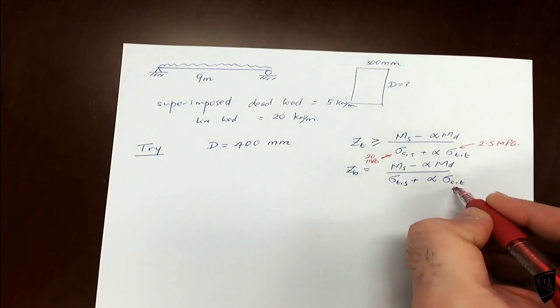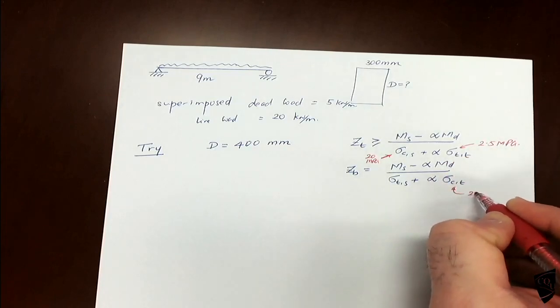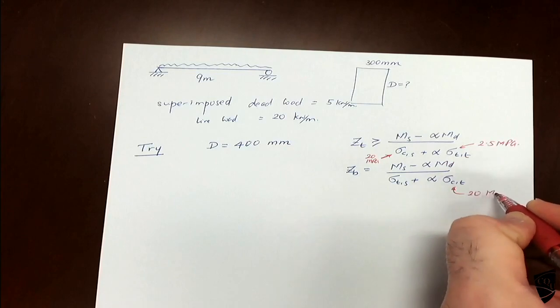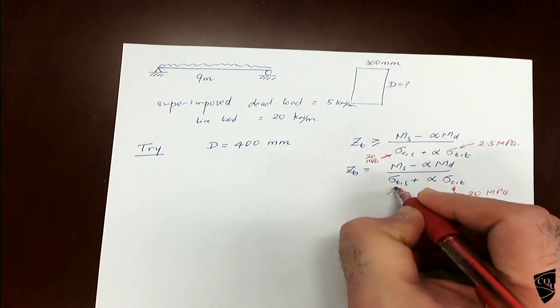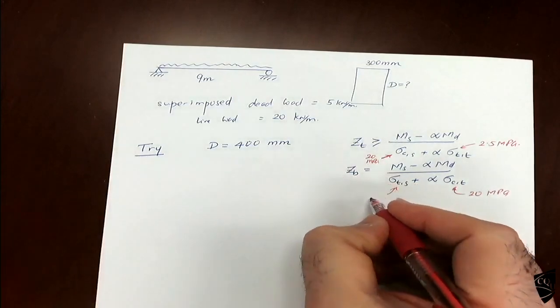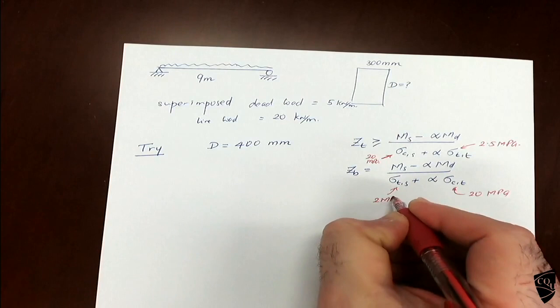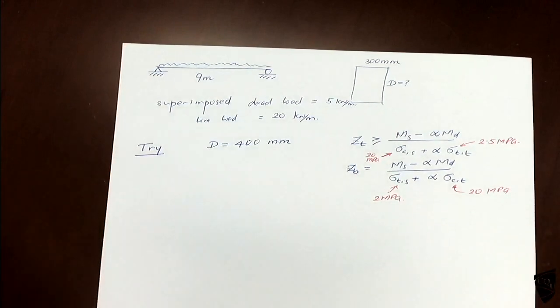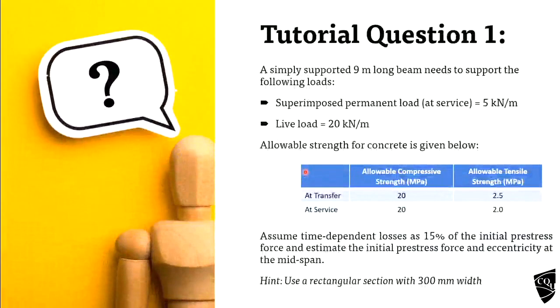This one is compression at transfer, 20 MPa. Tension at service, 2 MPa. That is given in the tutorial. So you can see the values are given here.